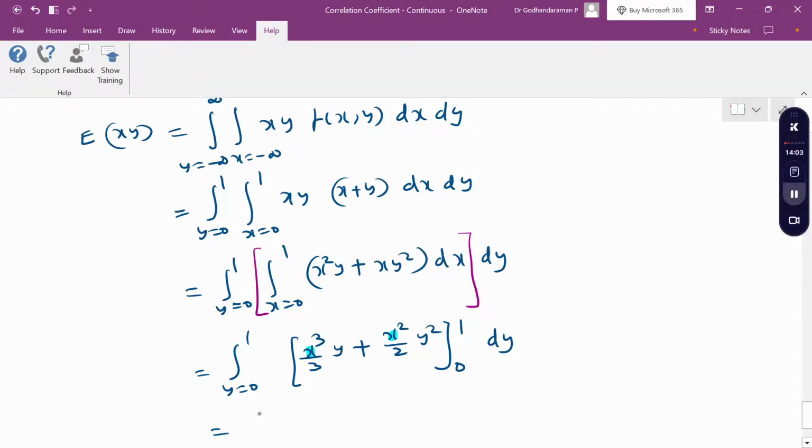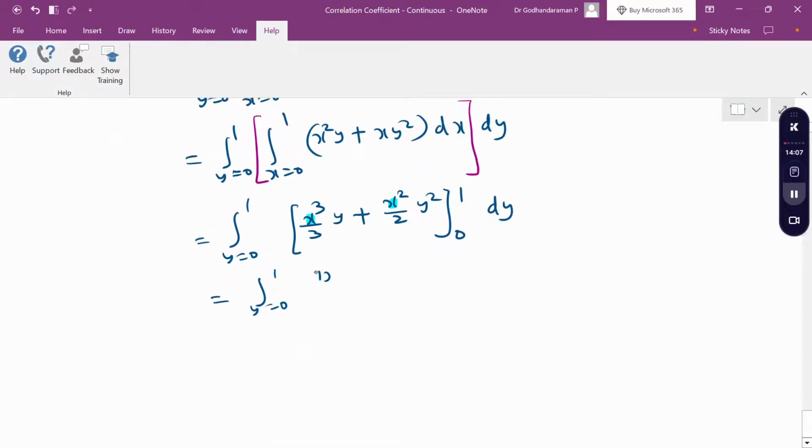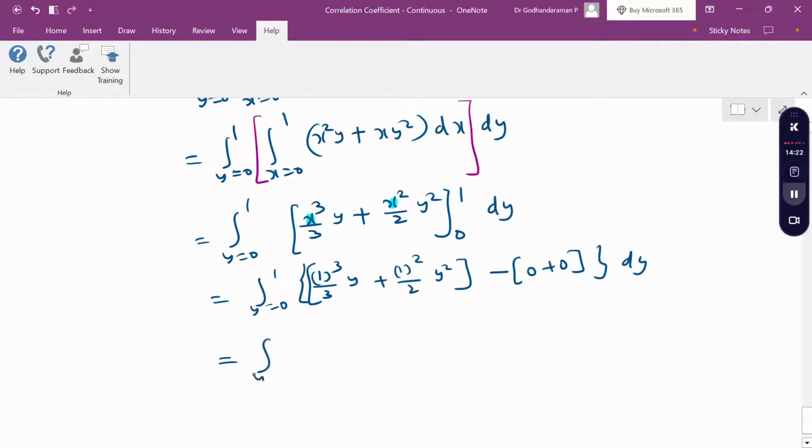Therefore y from 0 to 1, 1 cube by 3 into y, 1 square by 2 into y square, upper limit minus lower limit. So y from 0 to 1, y by 3 plus y square by 2 dy.